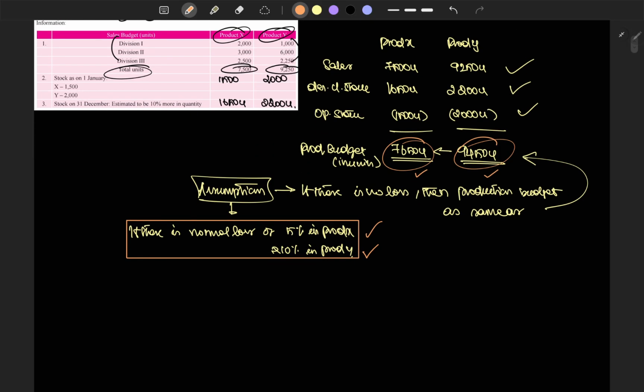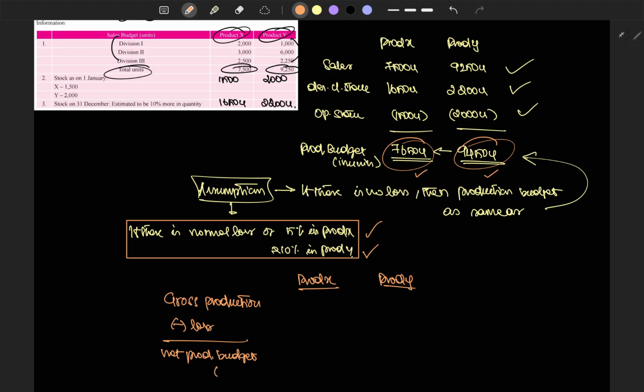To do that, we have to find out the gross production budget. Gross production minus loss gives the net production budget units for product X and product Y. This is our demand for the period, so we should meet the demand.